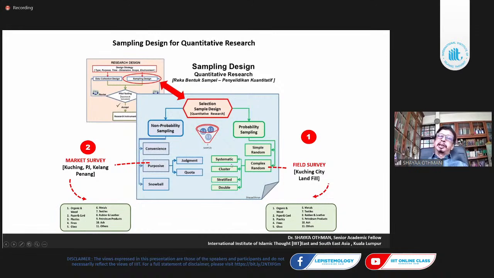Okay, cluster. Assuming you are doing a social survey, or rather a market survey or opinion survey, you divide the people into clusters. For example, in your village, you want to collect certain data from your village.